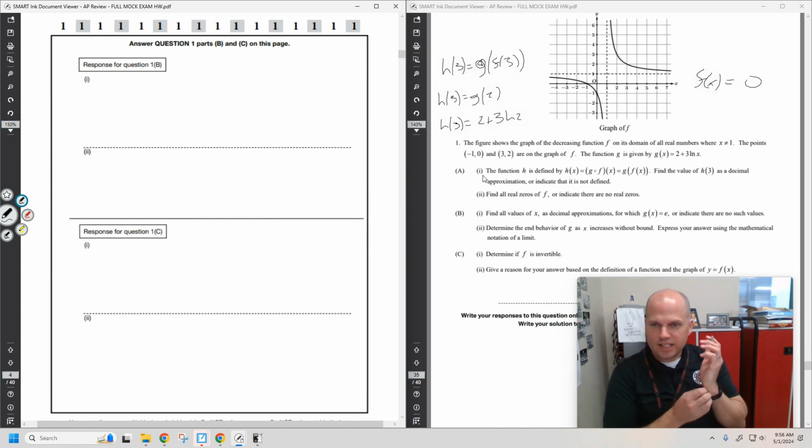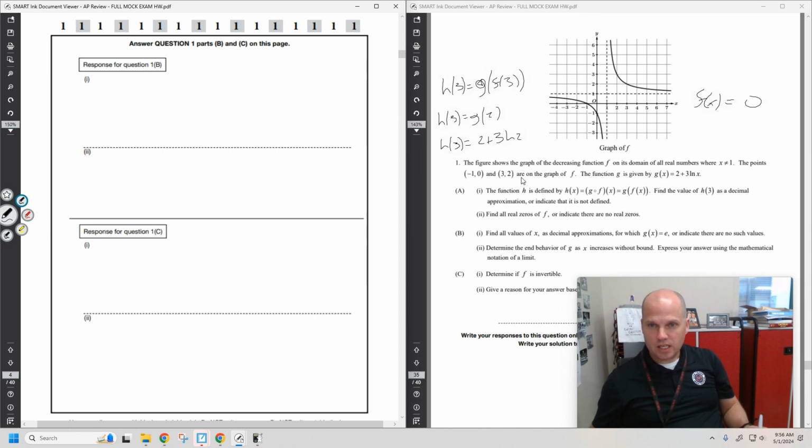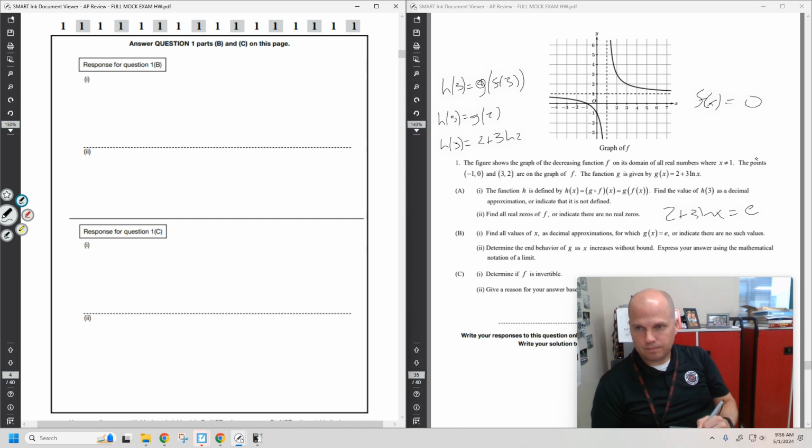Find all values of x, as decimal approximations, with g of x equaling e. Okay, so g of x equaling e would be 2 plus 3 log x equals e. I'm going to have e minus 2. Yeah, so 3 log x equals e minus 2.